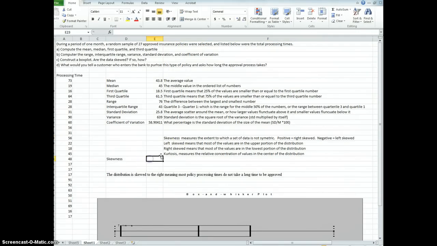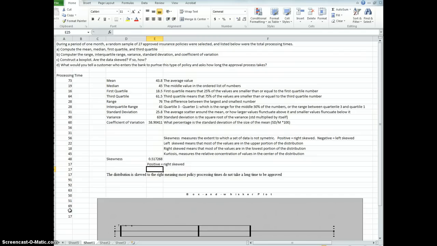So we're going to put our cursor here, click equal sign, skew, and simply add in our data set and close it. So our skewness is 0.517. And for the purpose of this problem, that's a positive number, meaning our data is right skewed.